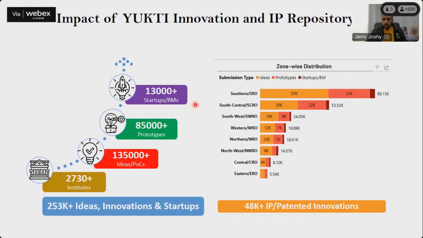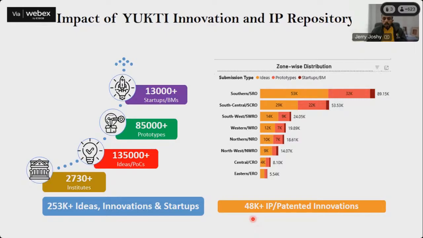If you look at it zone-wise, the southern zone as well as the ACRO zone are leading with respect to ideas, prototypes, or startups, because a large number of the entries updated inside the Yukti portal which are approved are from these zones, along with the other details of the zones already mentioned here. So this is already accessible inside the IIC portal under the impact dashboard, in which the Yukti data can be found.